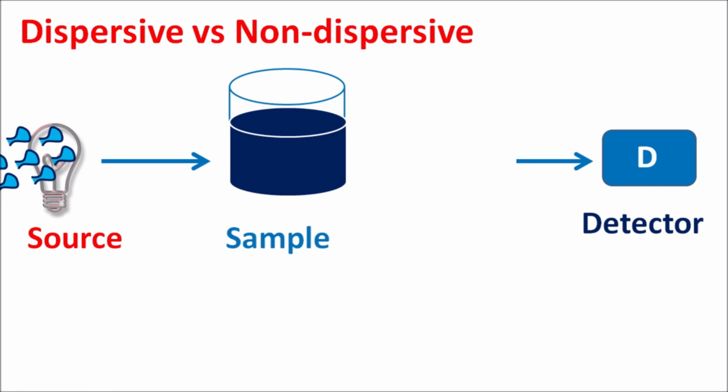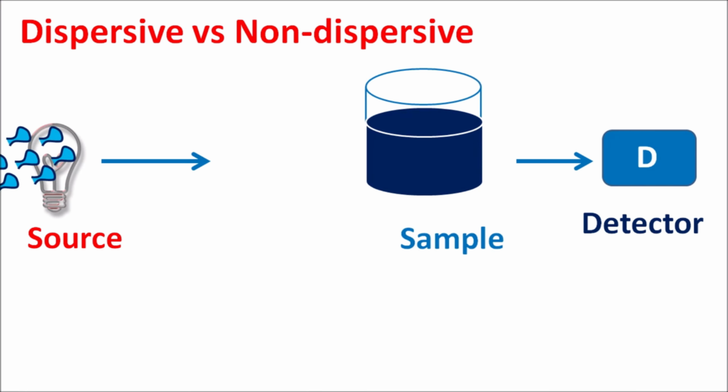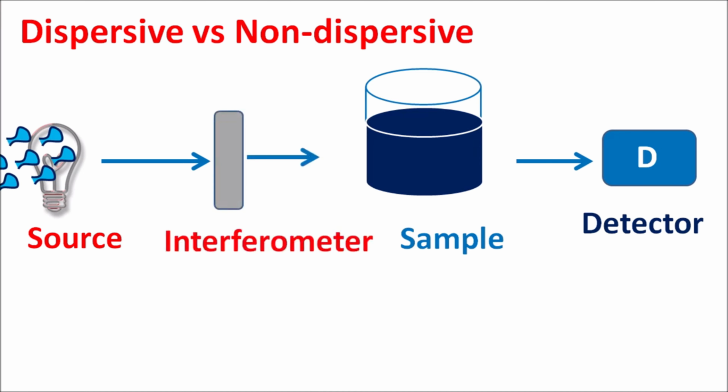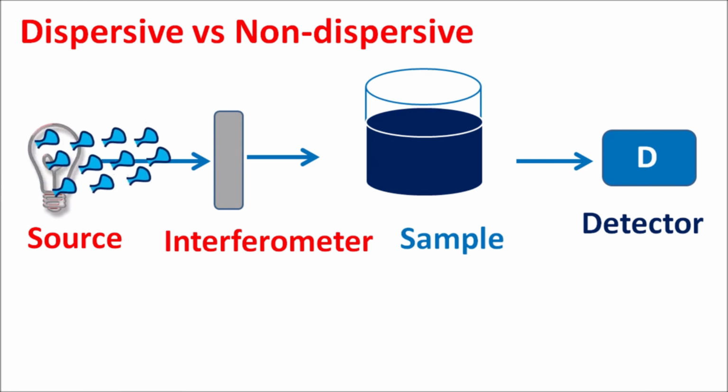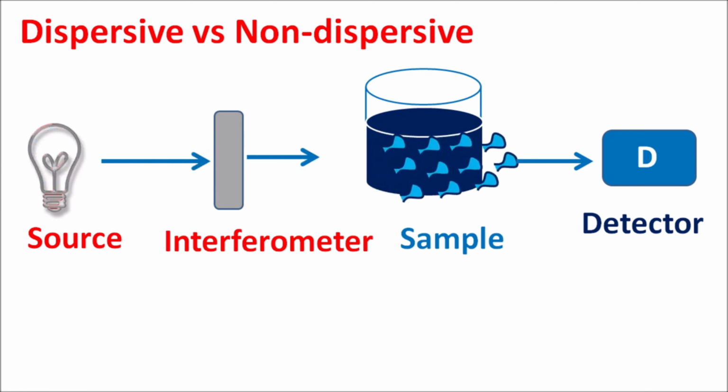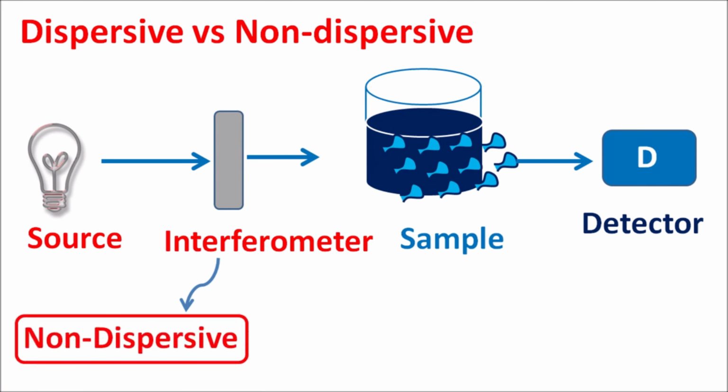Instead, another device is going to be placed in between the source and sample. This is nothing but the interferometer. So through this interferometer, a single beam is going to be passed into the sample at each time, which is accurately measured. That's why interferometer produces non-dispersive IR radiation. So FTIR uses interferometer, which is a non-dispersive IR spectrometer.